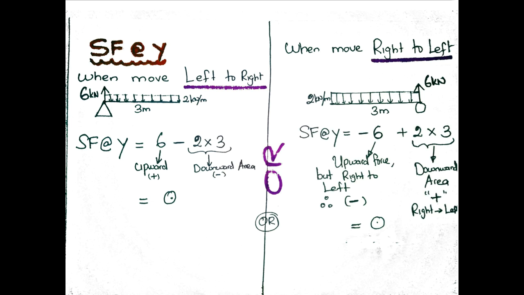Shear force at Y is equal to minus 6, because it is an upward force going right to left. 2 into 3 plus, because it is downward, so the result is 0. Both answers should be the same.